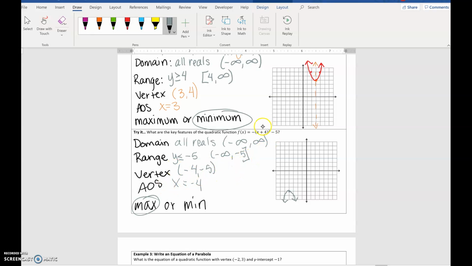Our vertex we got from looking at the h and the k values. So again, the h is always the opposite of what you see in the equation. So we have (-4, -5). And so then our axis of symmetry is x equals -4. And then this is the highest point, so we have a maximum in this one.